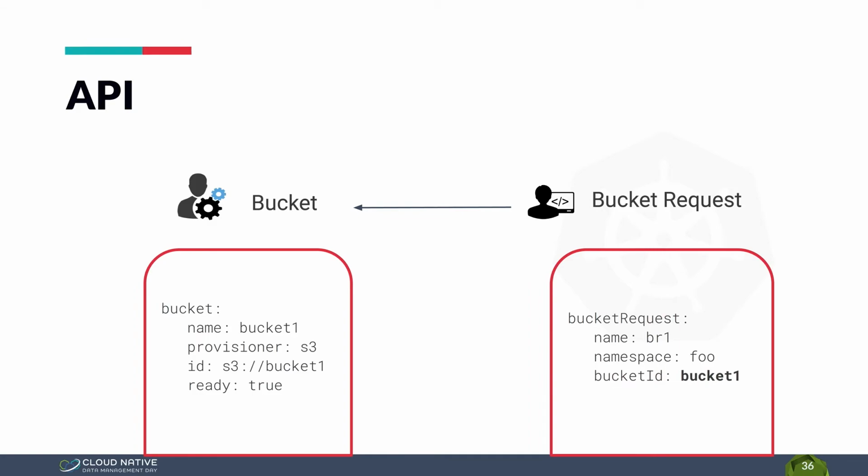Now Kubernetes and COSI would know the configuration of that bucket. Then a developer can create a bucket request that directly points to that bucket. That way there is cross-cluster portability, and that's all it takes. 2 resources that need to be created, and just like that you can move buckets across clusters.